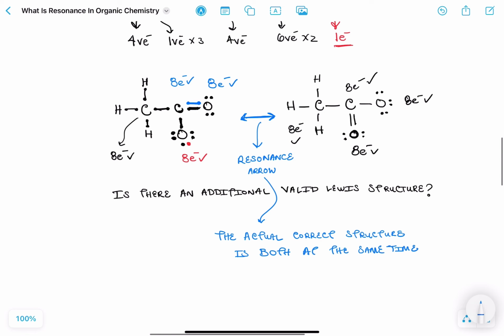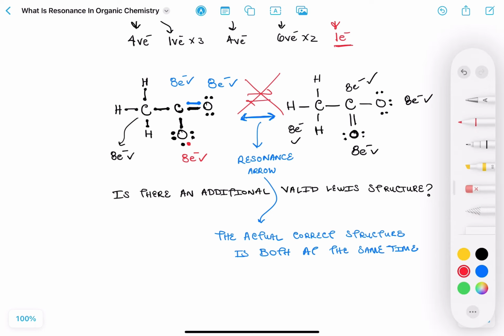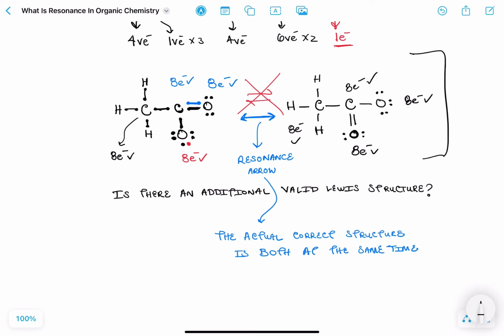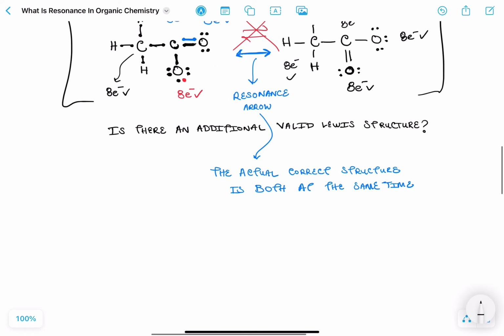Now, equilibrium arrows would say that you would go back and forth between, so if I draw an equilibrium arrow, it would say you would go back and forth between this molecule and that, but that is not correct. With resonance, it's indicating that we are actually these 2 molecules at the exact same time. We are not going back and forth between them. So don't confuse equilibrium arrows with resonance arrows. Again, resonance means that we are actually those 2 structures at the exact same time.